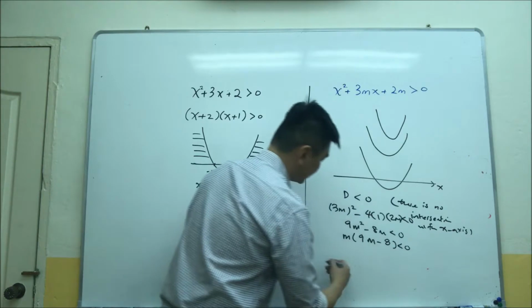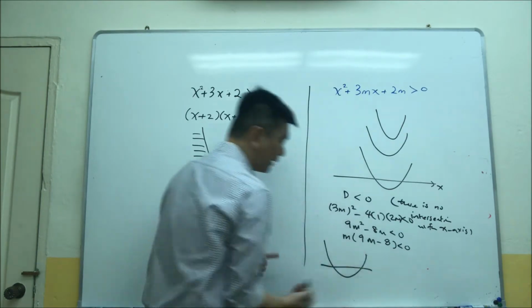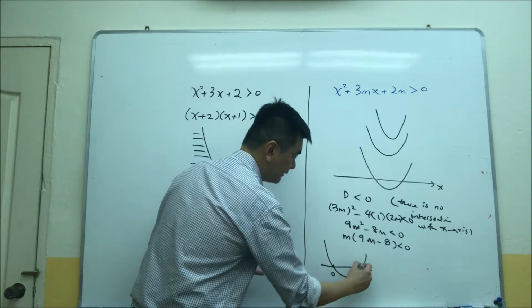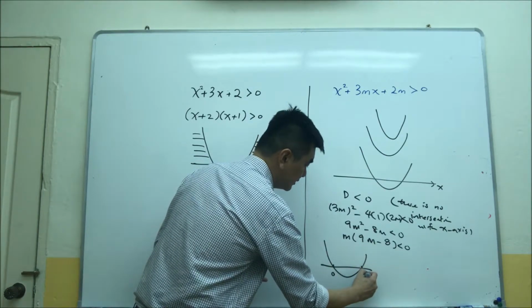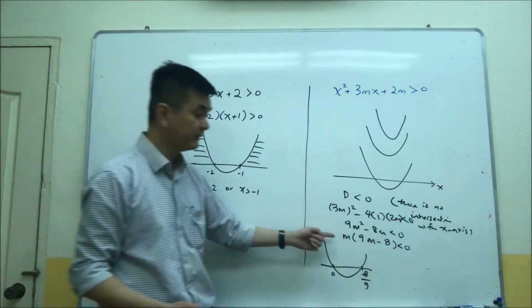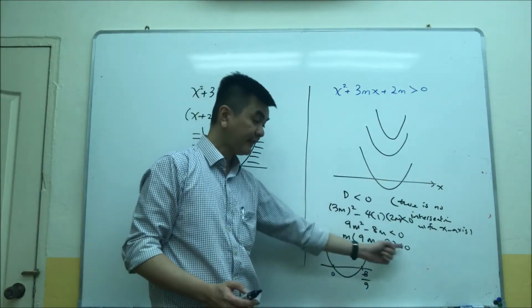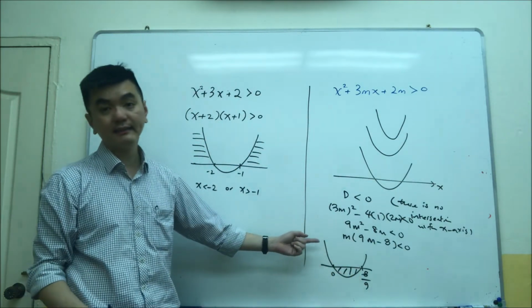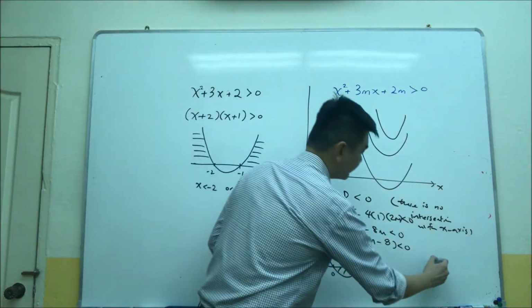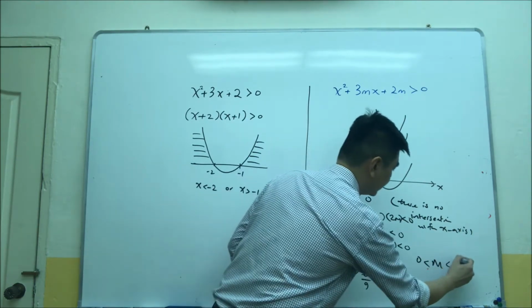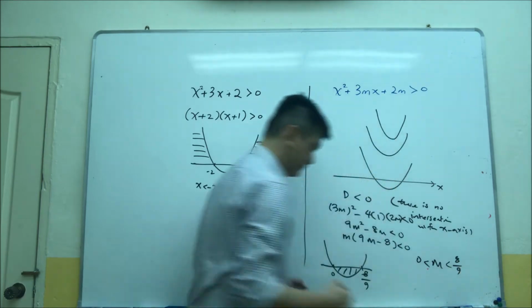So drawing a smile curve, my critical values will be 0 and 8 over 9. And I'm looking for the region that is less than 0, and therefore this is the region that satisfies the inequality here, and therefore my m is between 0 and 8 over 9.